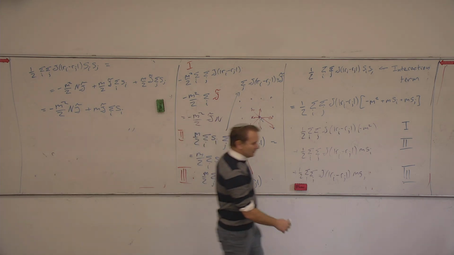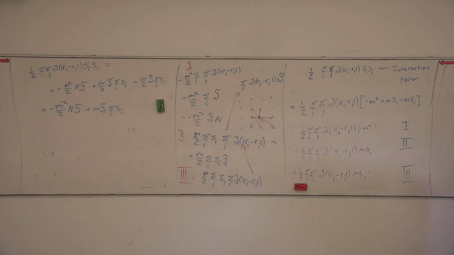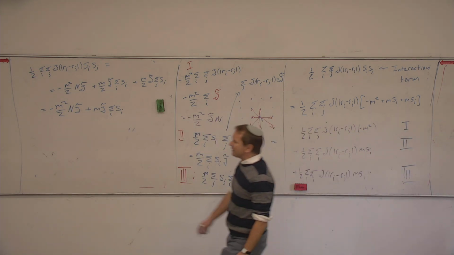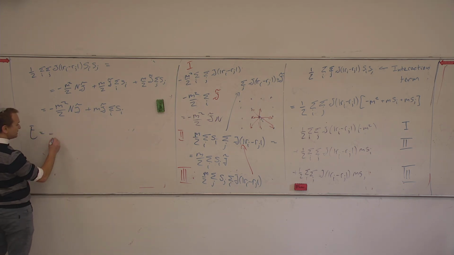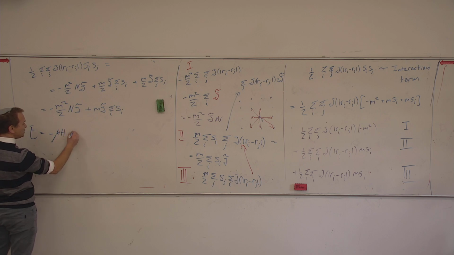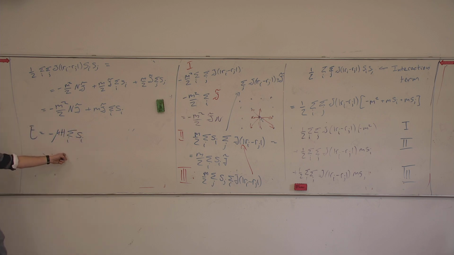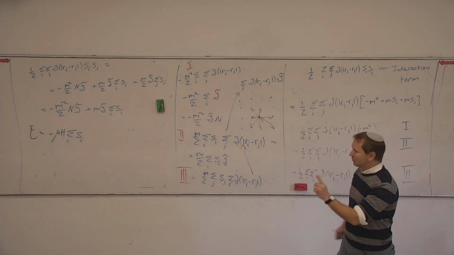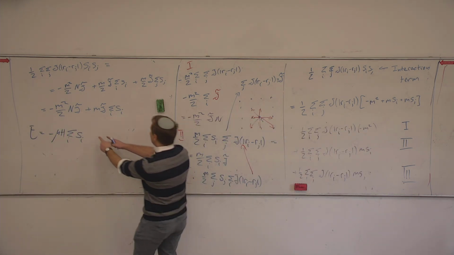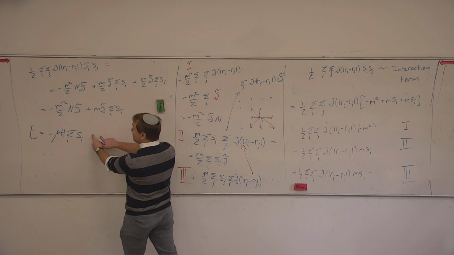We're almost done. Let's see what is the total energy of the system now. The total energy of the system is minus mu h sum over i s_i. This is the interaction of the spins with the external field. Plus, we have the interaction term. It's actually minus, right?